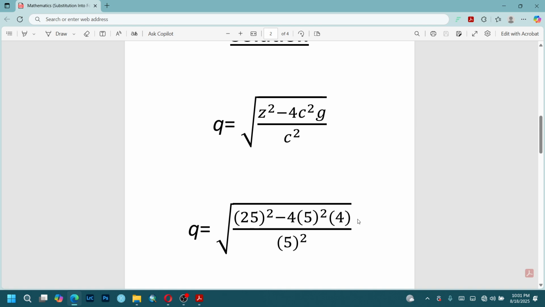So we have our Q to be the square root of the fraction 25 square minus 4 multiplying 5 square multiplying 4 over 5 square.